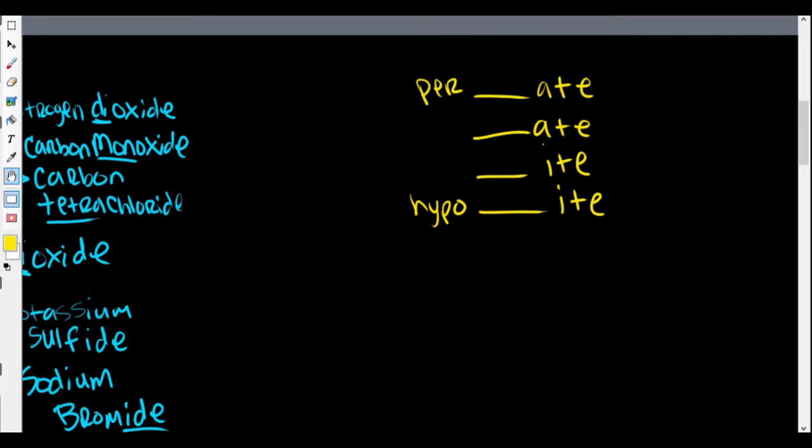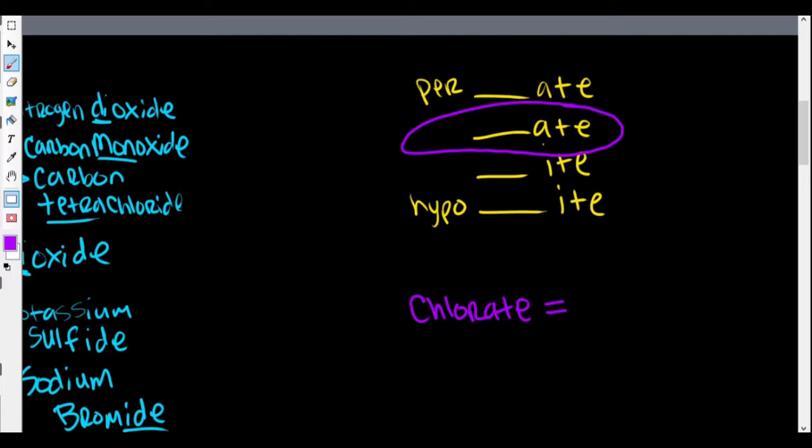But let's pay more attention to our polyatomics for a second. So I know she showed you guys this right here, where this is going to be your parent group. So a good one to use for that would be chlorate. You know what chlorate is? Give me a second. It's ClO3 minus. So if I was to ask you what hypochlorite is, what would you think that would be?